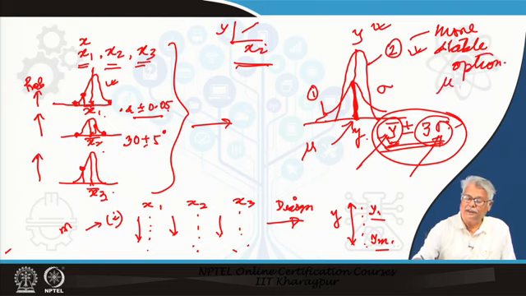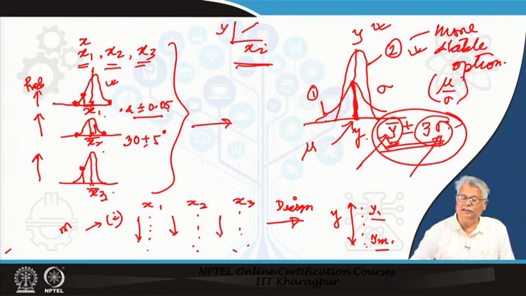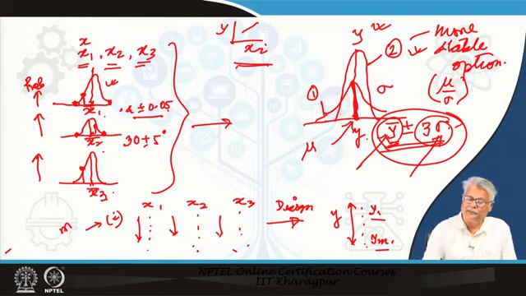Because if I look at mu upon sigma, this is going to tell you how thin this is going to be. If sigma is small, naturally you are expected to have a very narrow and tall curve like this.